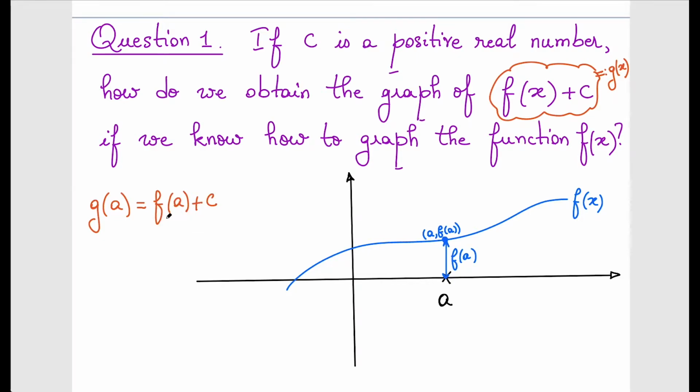And f of a is depicted here by this blue height. That's f of a. Add c to it, and c is a positive number, like 5, 6, whatever. Add c to this height, you give yourself g of a. So go to the picture, measure f of a, which is this, and add c to it, you give yourself that g of a.